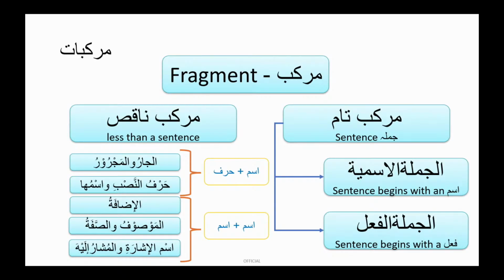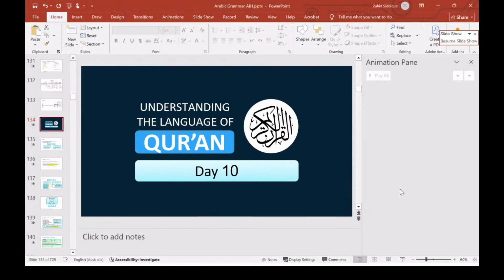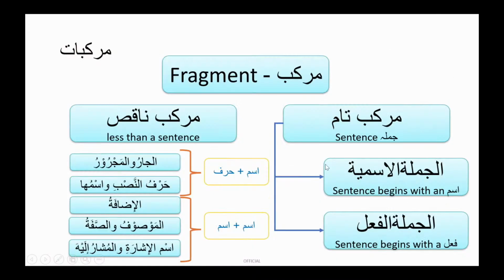These 2 on top, jar majroor and huruf and nasab and their ism, are the combination of ism and harf. Whereas the 3 mentioned at the bottom, idafa, al-mawsuf wa sifa, and ism ishara or wa musharun alayh, are the combination of ism and ism. Inshallah, in the next few sessions, we would go through the details and study how these structures are made.